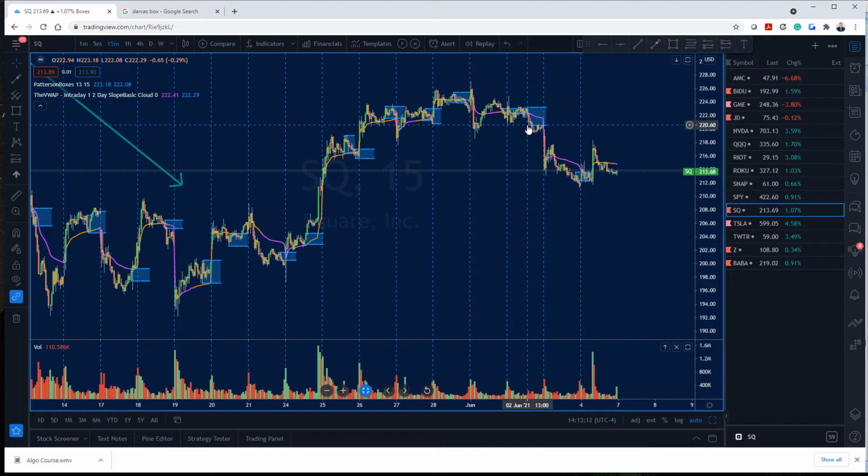I'm going to go over what my box algo indicator does, when it works best, when you can make absolute insane amounts of money and get crazy risk to returns on it, and when to avoid it.